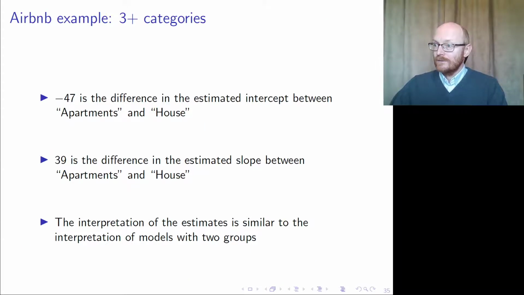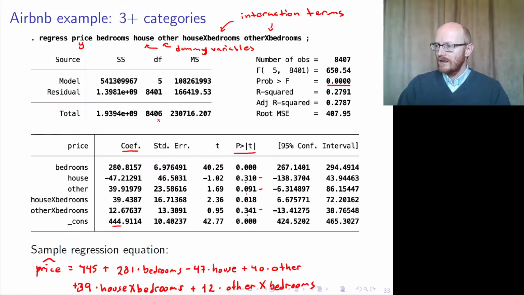So for example, what we have in the Airbnb plus 3 categories example is that 47 is the difference in the estimated intercept between apartments and house. Oh yeah, house was negative 47.